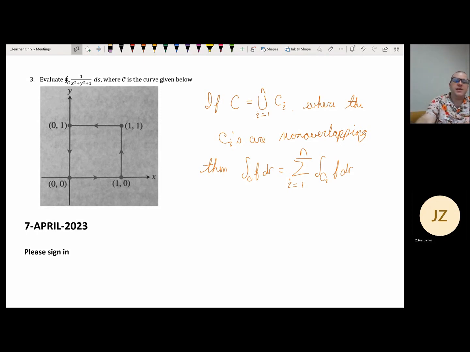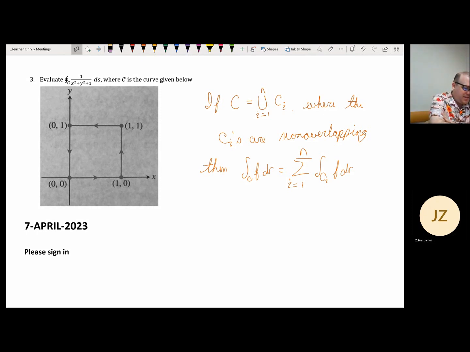Since it is circulation, does it matter where we start? No, right? We can start anywhere as long as we end at the same point. Why not just start at the origin? Now we do have a direction.